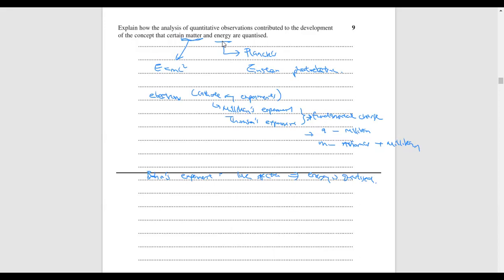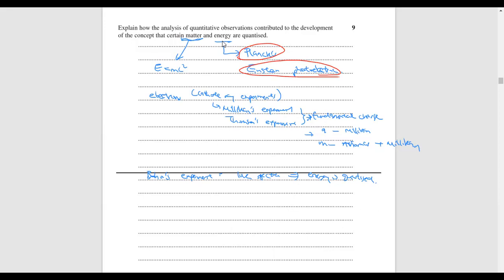There are a few more things you could talk about, but I think if you just pick 2 or 3, right? For 9 marks, pick 2 or 3, talk about them in depth, and show how those things, so you could pick, for example, Planck's, Einstein's photoelectric effect. That's already 2. You can maybe talk about cathode rays if you want. We've given at least 4 to 5 ideas there.